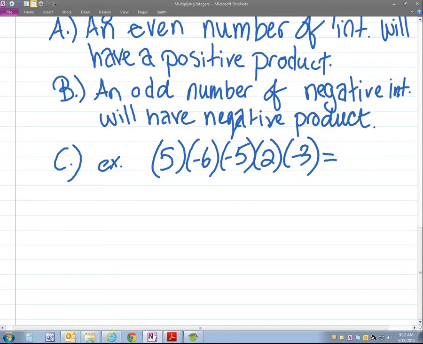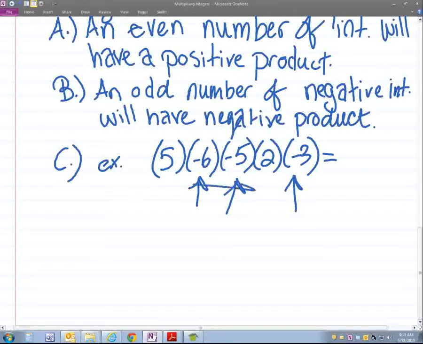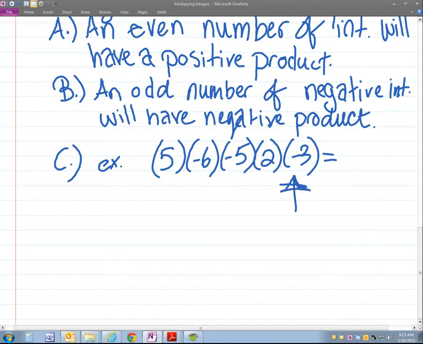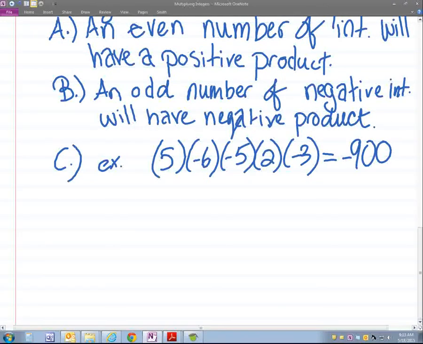Nick? Or Mandrew. Sorry, Mandrew. It will be negative because, look, we have 1, 2, 3 negatives there. It's an odd number, so our product is going to be negative. So what would it be anyway? That'd be a big number. So we'll just go 30 times 5, which is 150. 150 times 2 is 300. 300 times 3 is 900. So it's negative 900.